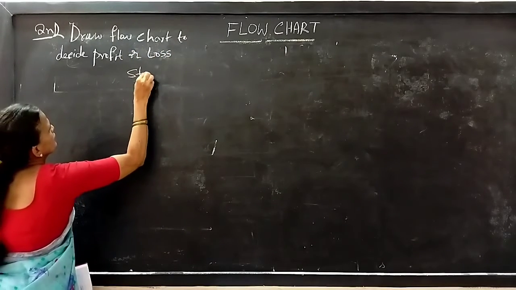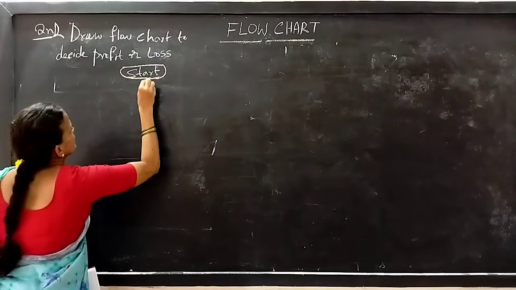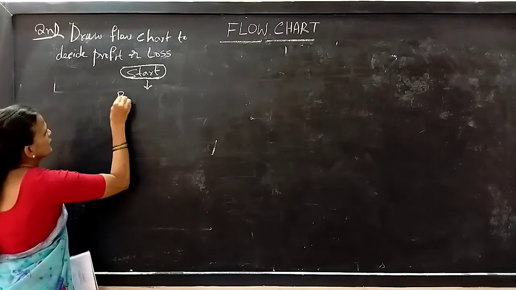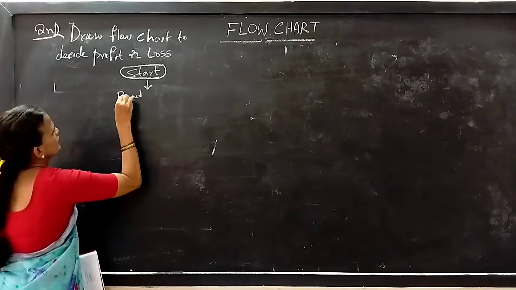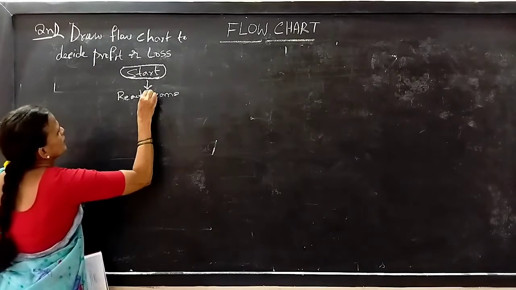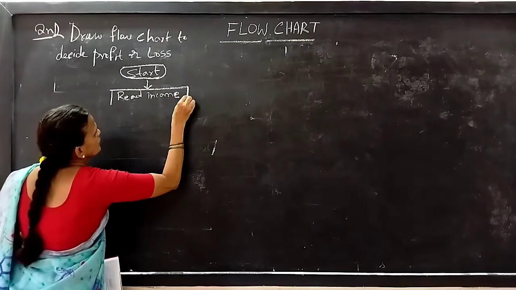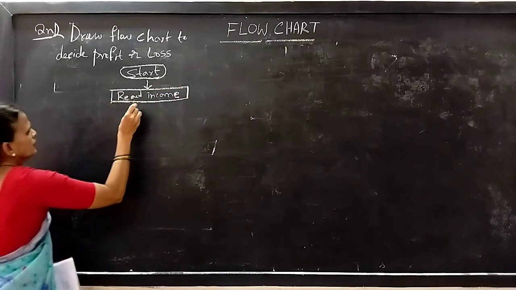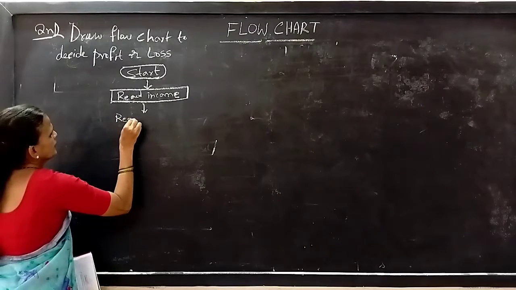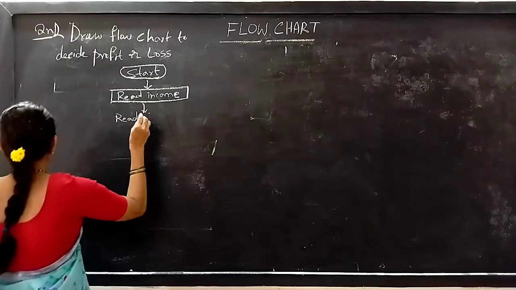So, first step is the start symbol, start. Then we have to write read income. So, read income should be written in a rectangle shape. Next again we have to write read loss, or we can write cost.